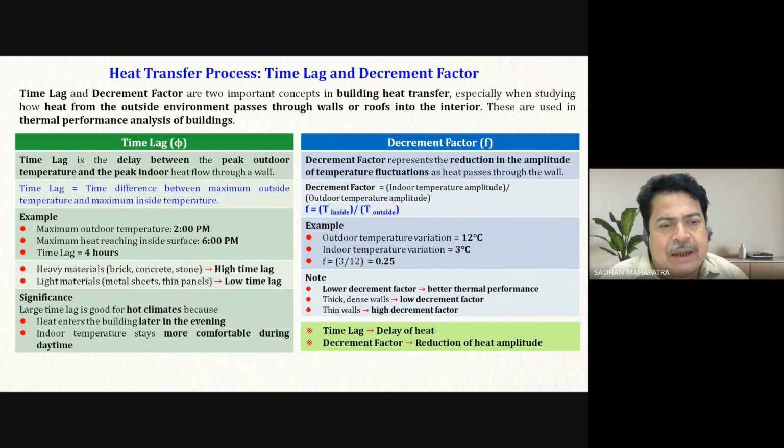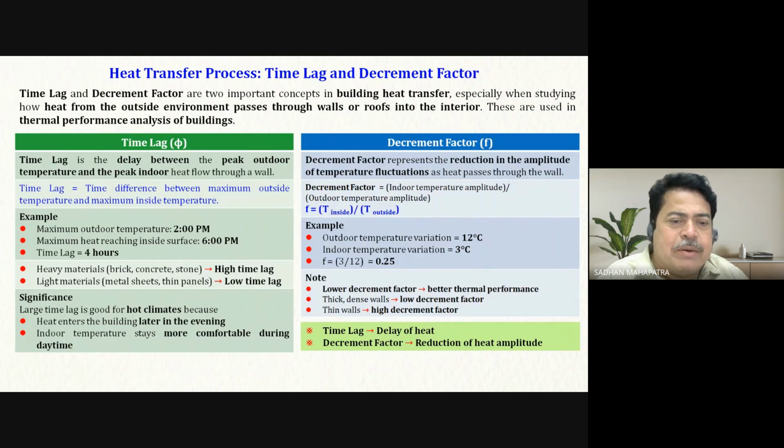Now, the time lag is a delay between the peak outdoor temperature and the peak indoor heat flow through a wall. So, it is basically the time difference between the maximum outside temperature and maximum inside temperature. Let's consider a summer day, when the outside temperature becomes very high, say 35-40 degrees centigrade at 2 o'clock.